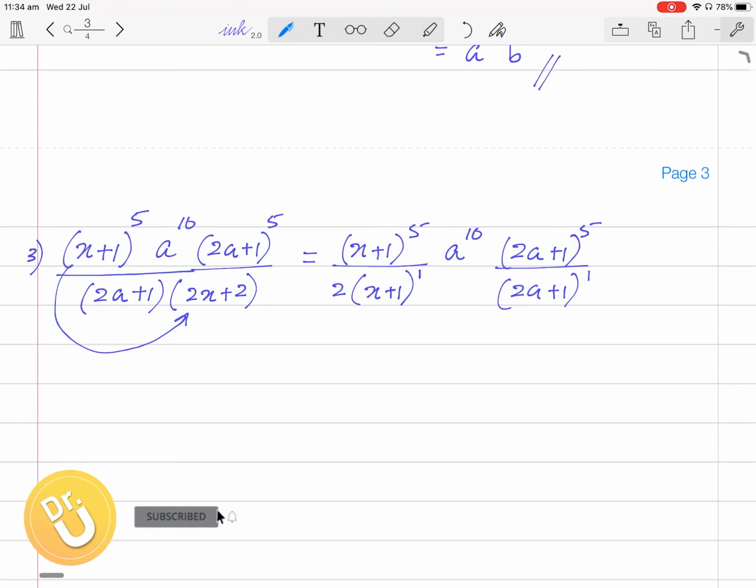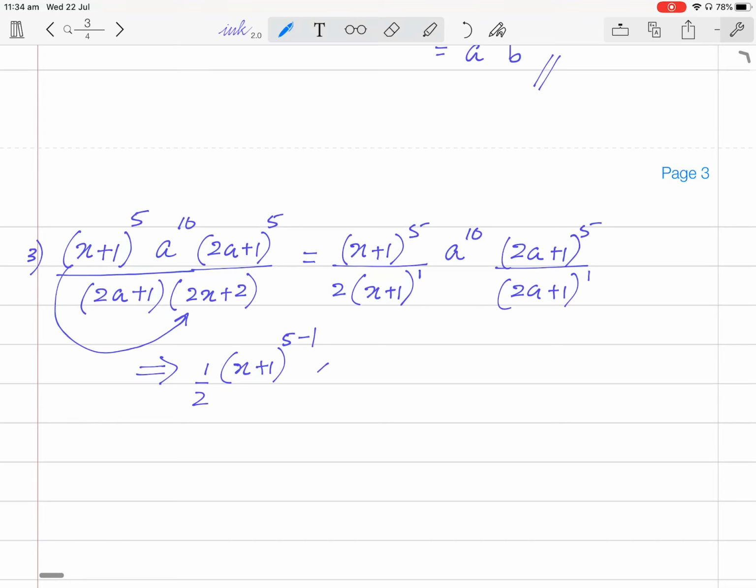So a bracket means a group, and you can consider the group as your base. So x plus 1, the whole thing, would be our base. If you look at the x plus 1 base, it's 5 minus 1. See, the group is the base. The 2 is in the denominator.